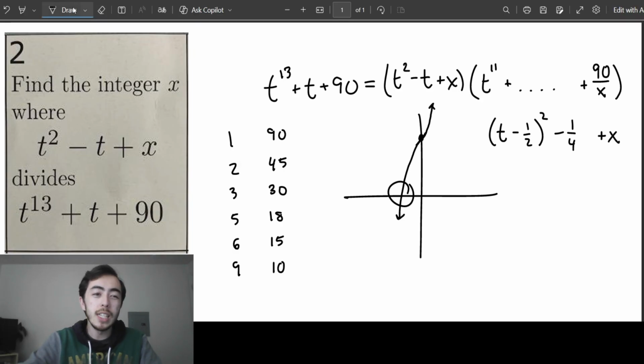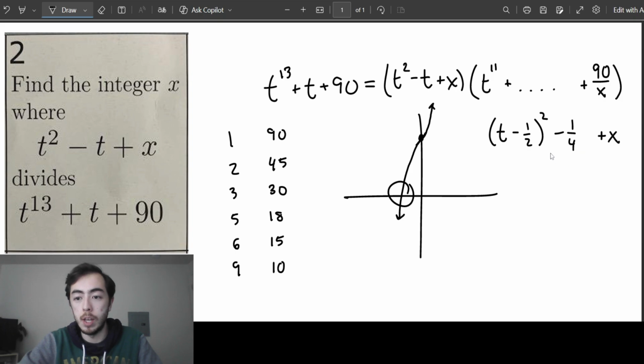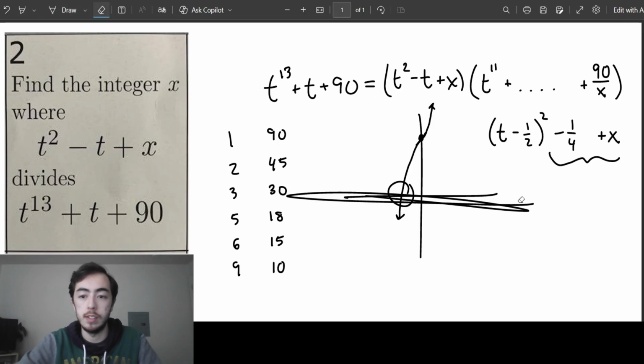Now, it's confirmed that we don't have two t-intercepts. Maybe we have 0, maybe we have 1. In the case that we have one t-intercept, this value right here in vertex form would need to be 0. That would help us rest right here on the t-axis.